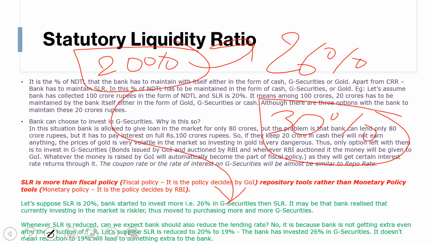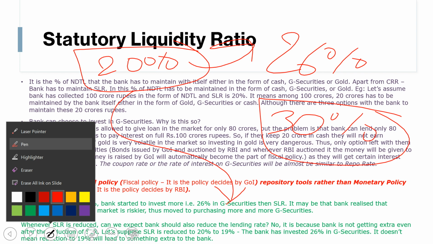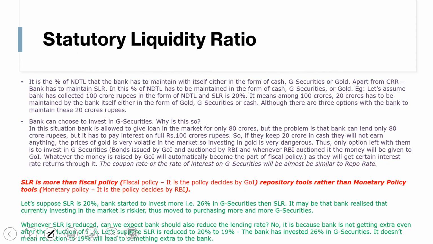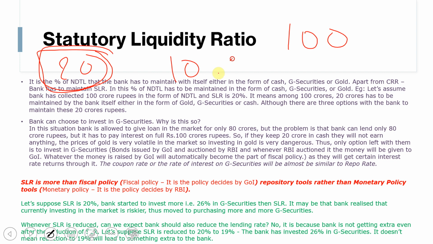Whenever SLR is reduced, there is one more thing you have to understand. As I've explained in the example, 100 crore was with the bank and the SLR was 20%, so 20 crore has to be kept with the bank as a safe deposit. The bank will buy government bonds for that 20 crore rupees. Now let us suppose the government has reduced the SLR to 10%.